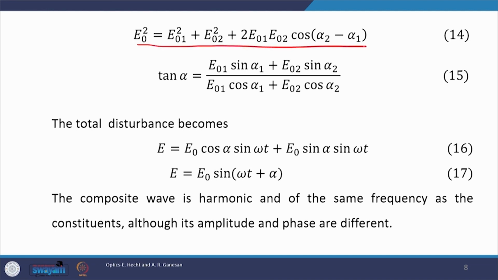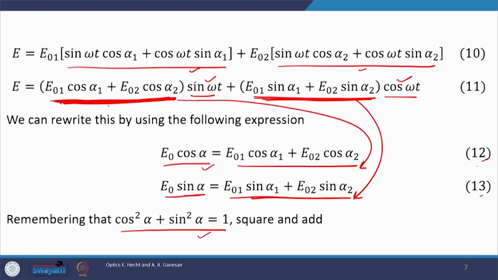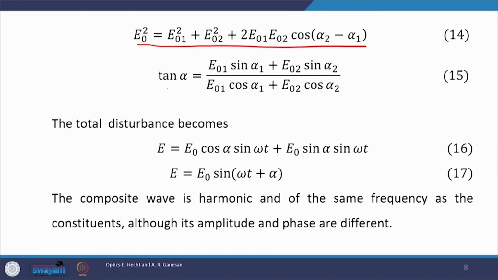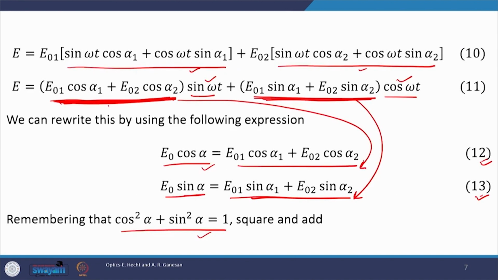And if you divide equation number 13 by equation number 12, then we will get the expression for tan alpha. Now, equations number 14 and 15, what do they give us? They give the expression of E naught and the value of alpha, which were the unknowns in equations number 12 and 13.